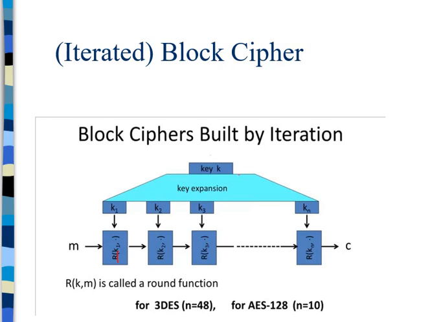The sequence of steps is applied iteratively until we reach the final round n, key Kn, and then the concatenation of the output of R is our ciphertext C.